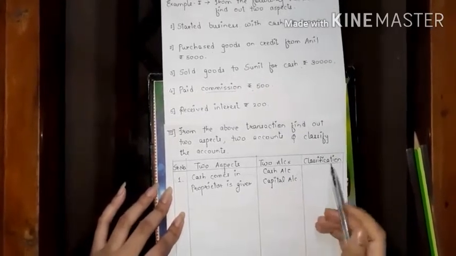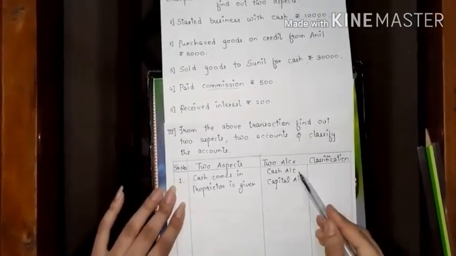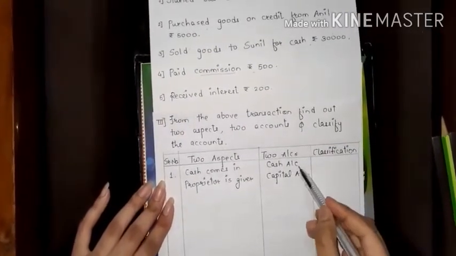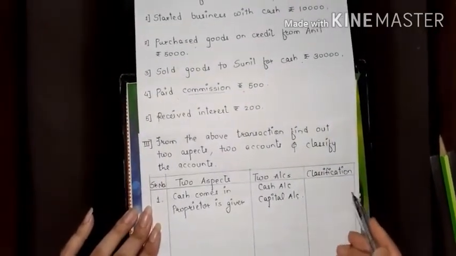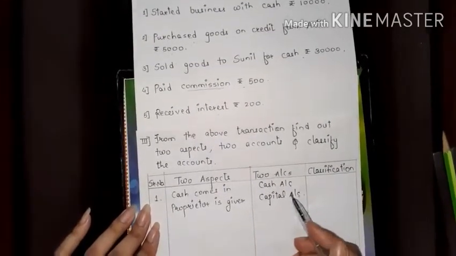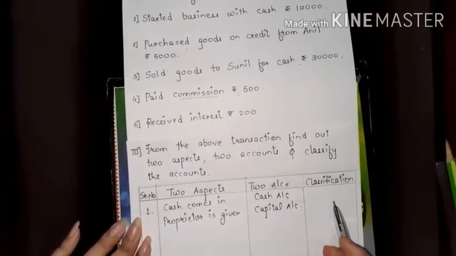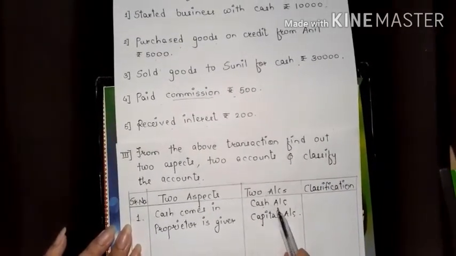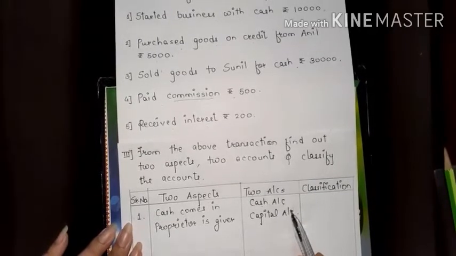Now here it comes the classification. Now we have to classify these two accounts. These two accounts appear according to which rules? Cash account, I already told you before that all the assets appear in real account. So cash is our asset, so it will definitely appear in assets account.